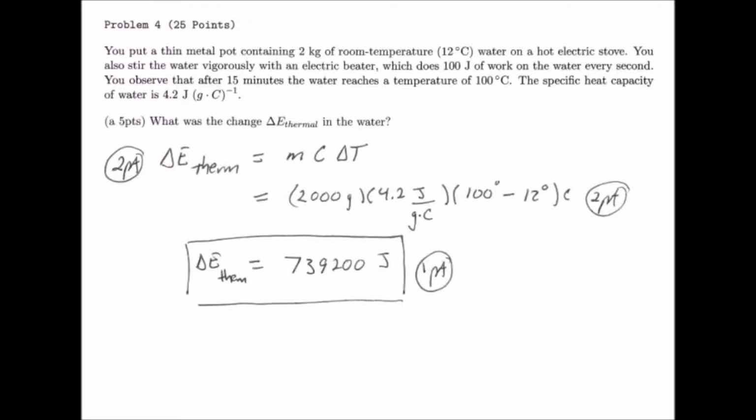The specific heat capacity of the water is 4.2 joules times grams to the negative 1 times C to the negative 1. The first part asked for the change in delta E thermal in the water.